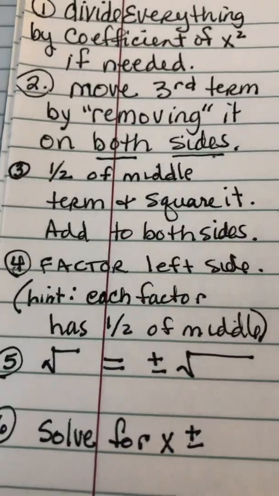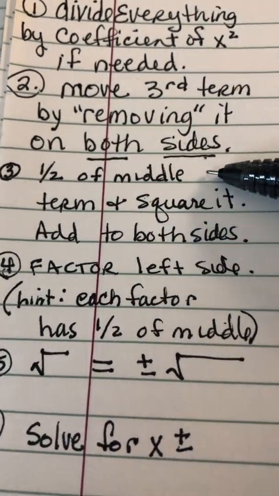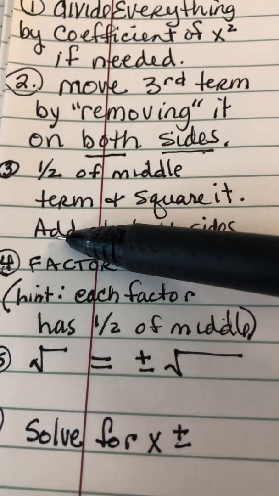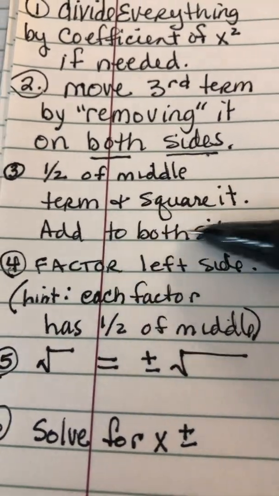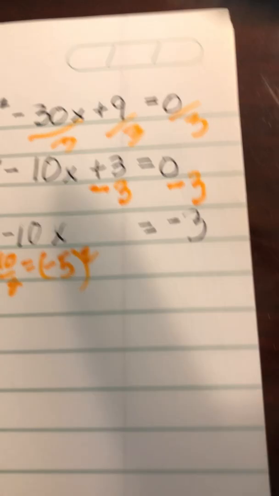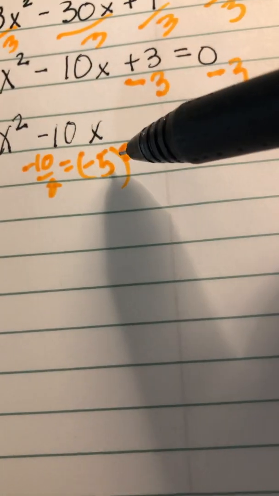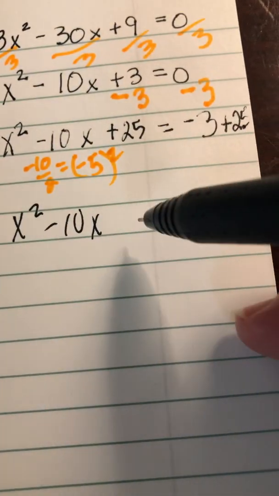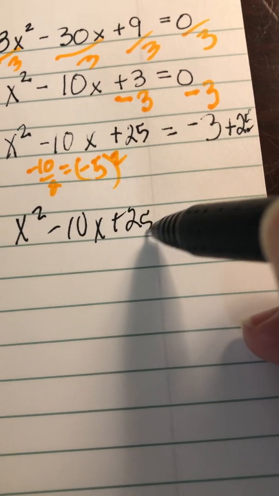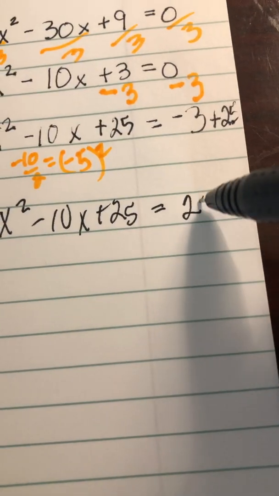It says half of the middle term, then square it, and add that to both sides of the equal sign. So half of the middle term, squared, gives us 25, so plus 25 here, and we have to do it to both sides, plus 25 here. So we have x squared minus 10x plus 25 equals 22.